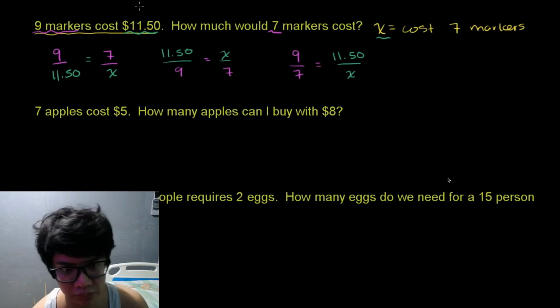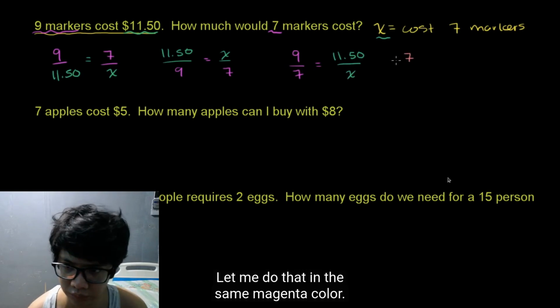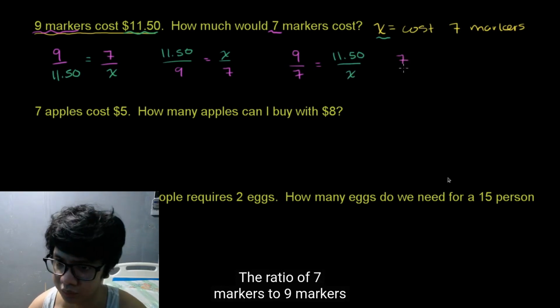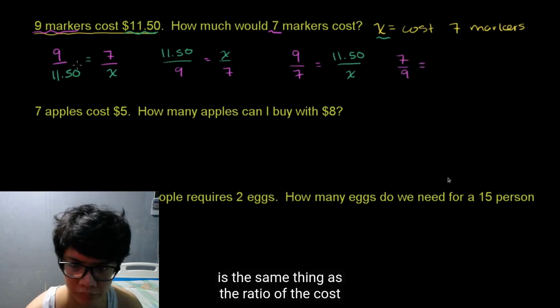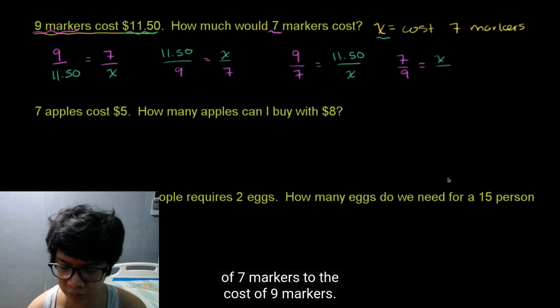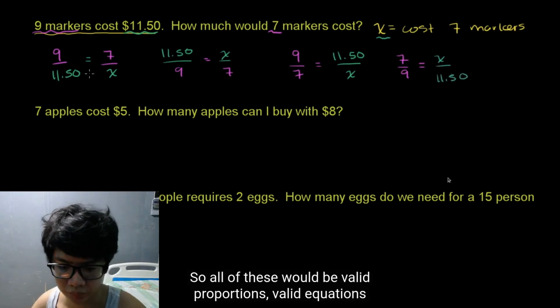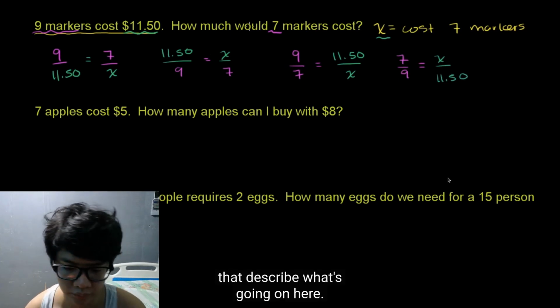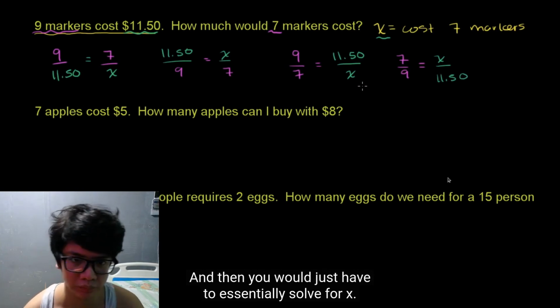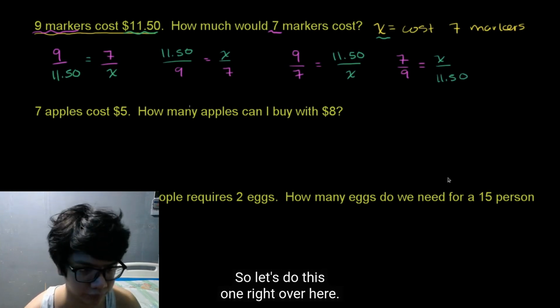So the ratio of 7 markers to 9 markers is the same thing as the ratio of the cost of 7 markers to the cost of 9 markers. So all of these would be valid proportions, valid equations that describe what's going on here, and then you would just have to essentially solve for x. So let's do this one right over here.